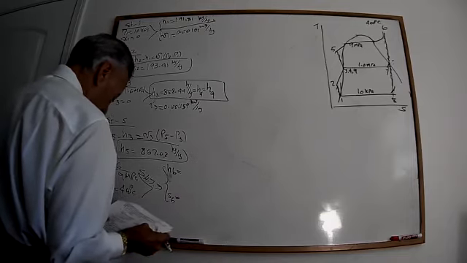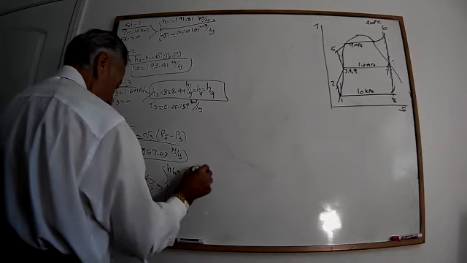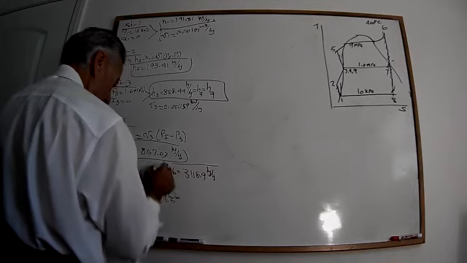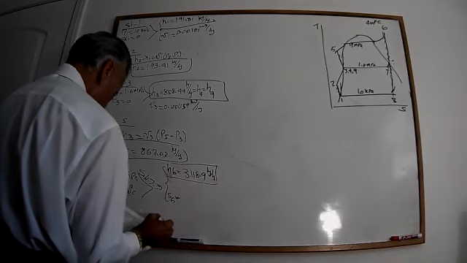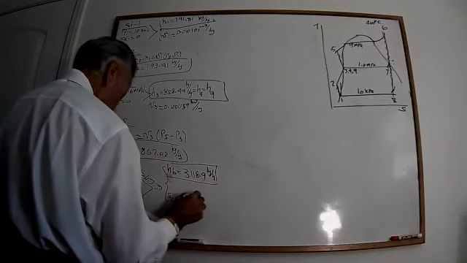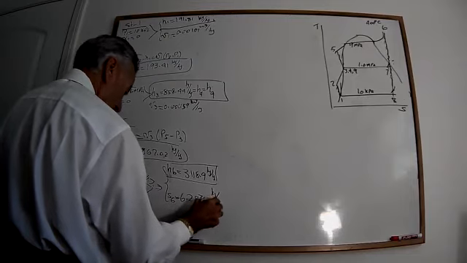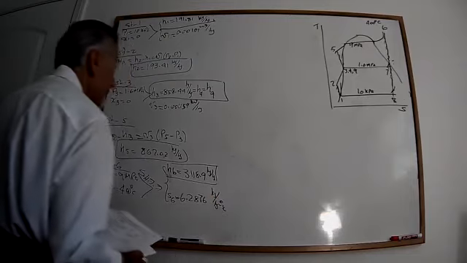So the value of H6 is 3118.9 kilojoule per kilogram, and S6 is 6.2876 kilojoule per kilogram degree Kelvin.